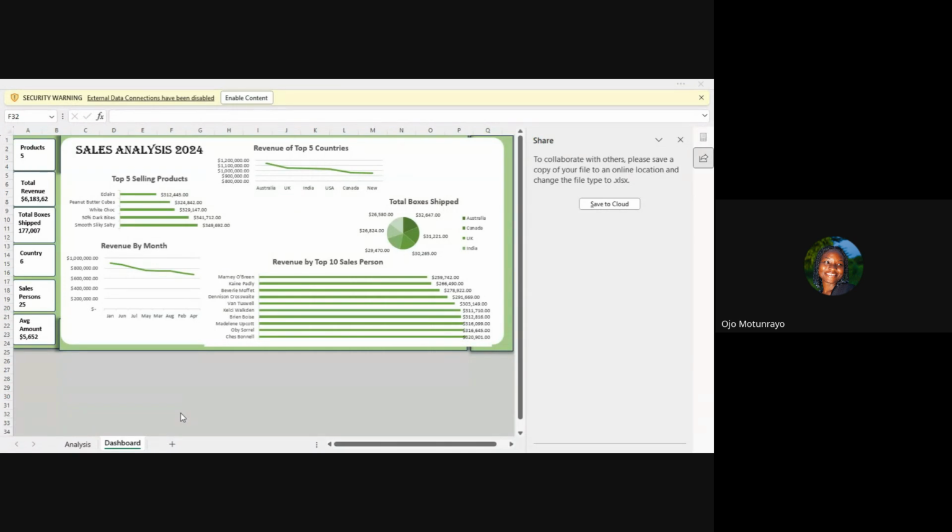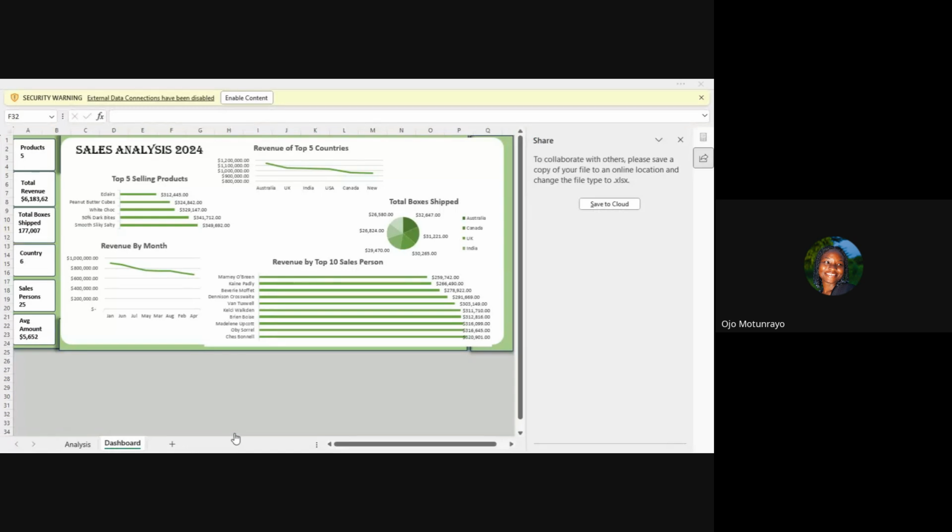The first thing is I commend the fact that you were able to carry everybody along. Okay, I have things that I noticed here. Your countries, why do you use line graphs, sir? Revenue by month, we sorted it.